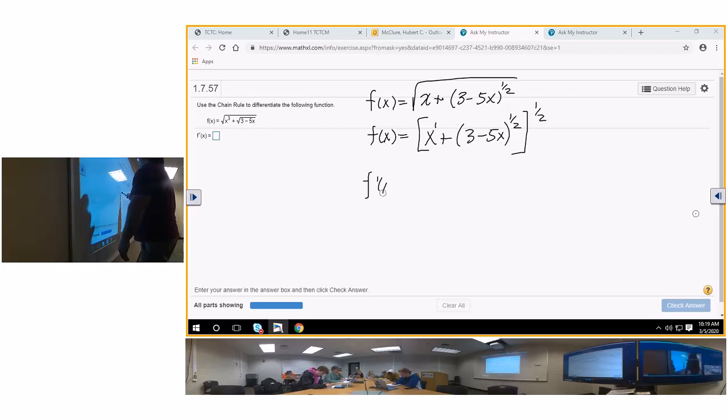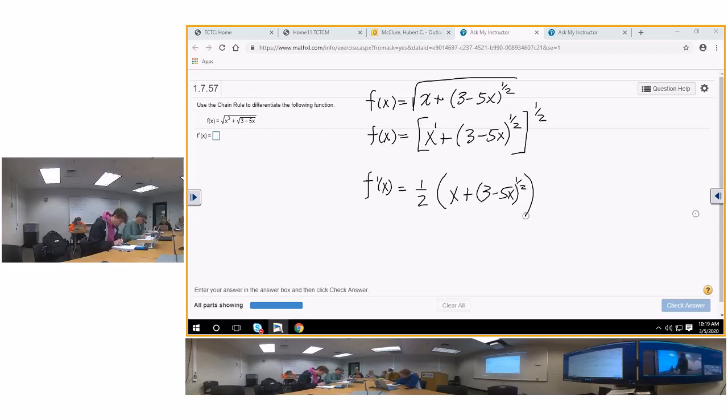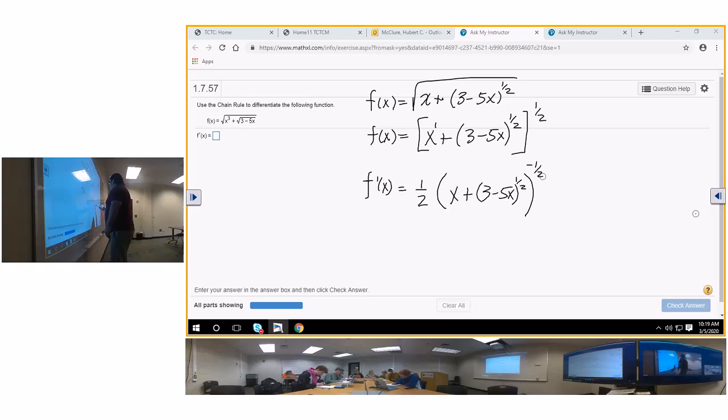F prime of x is equal to 1/2 times x plus 3 minus 5x to the 1/2 to the negative 1/2 times derivative of x is 1 plus the 1/2 is going to come, that's going to be 1/2, 3 minus 5x to the negative 1/2 times negative 5.